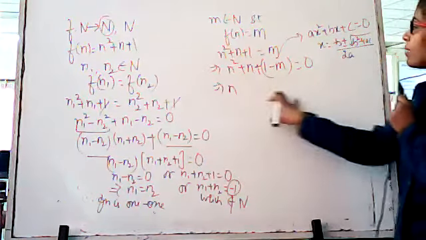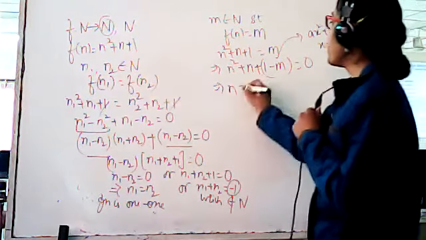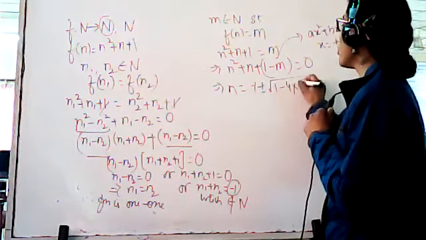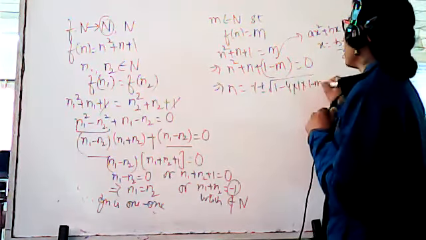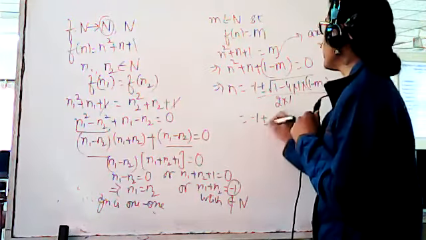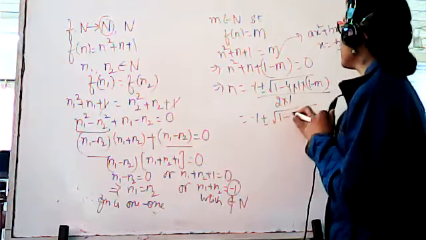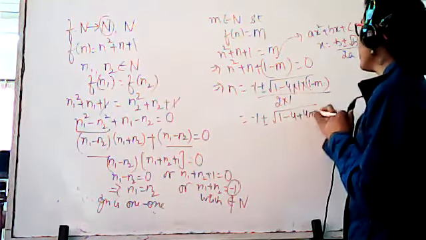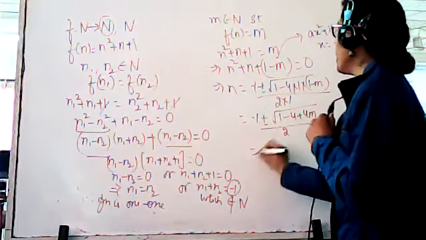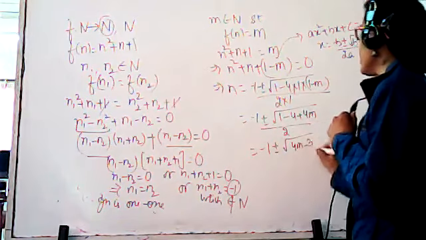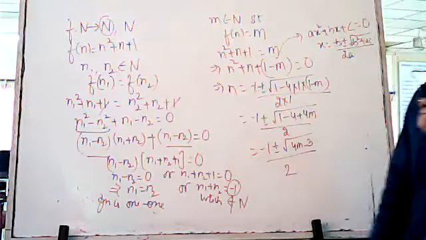Same condition we will apply over here. So it will be minus 1 plus minus root of 1 minus, opening the brackets, 4 plus 4m divided by 2. It will be minus 1 plus minus root of 4m minus 3 divided by 2.